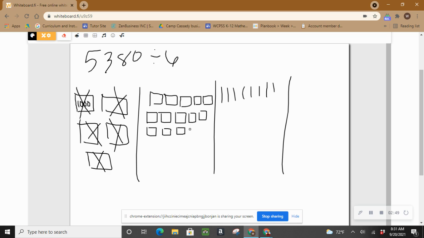So 1, and I'm going to make them smaller. 2, 3, 4, 5, 6, 7, 8, 9, 10, 11. They might start looking like circles. 12.